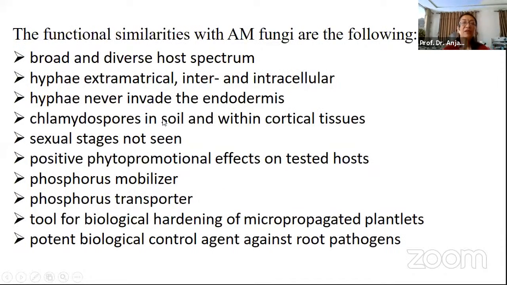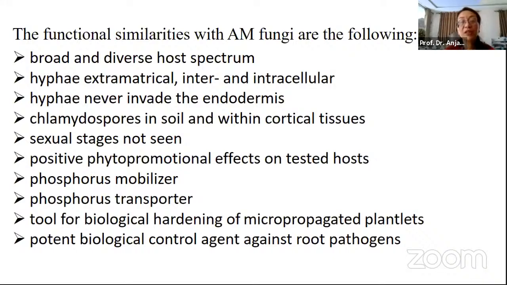Okay, the functional similarities with AM fungi are the following. It has a broad and diverse host spectrum like other endomycorrhiza. Extramatrical hyphae, inter- and intracellular, can be seen. Hyphae never invade the endodermis, and chlamydospores in the soil and within the cortical tissues are seen. Sexual stages are never seen.